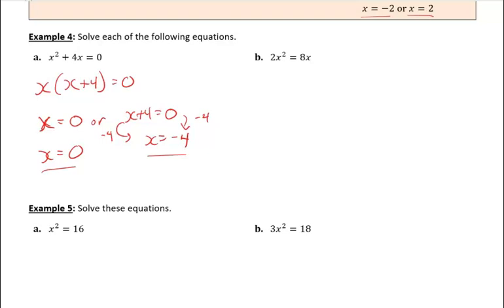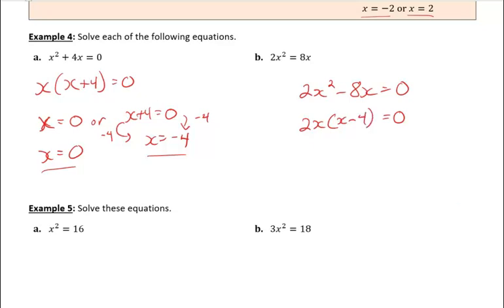Now for this one, we have to take out another common factor, and here I can see that 2x is a common factor. But first, let's get them on the same side. So I'm going to subtract 8x from both sides to get it into this form. Now we can take out the common factor of 2x, and that leaves us with x minus 4.